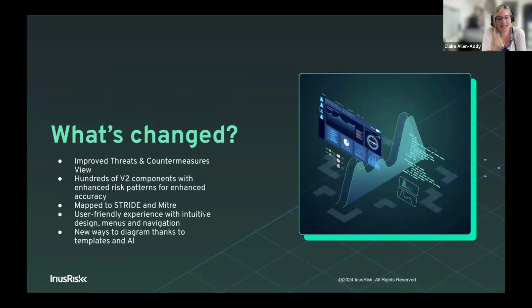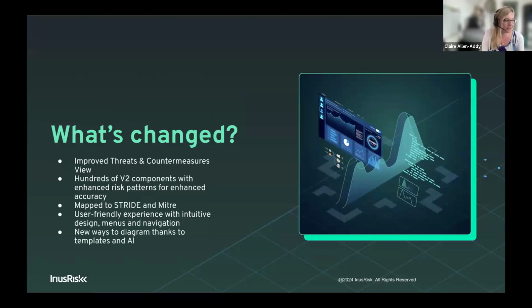So continuing with what Ryan has said, I think the song Better, Faster, Stronger seems to come to mind from everything you were saying. We already had a really great threat modeling tool, but we wanted to make it much better. So in a second, I will open the instance, but here's a little bit of what has changed. Threats and countermeasures, there's been quite a change up on the view.